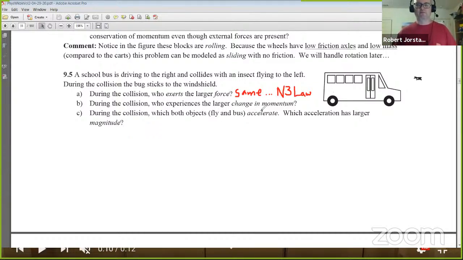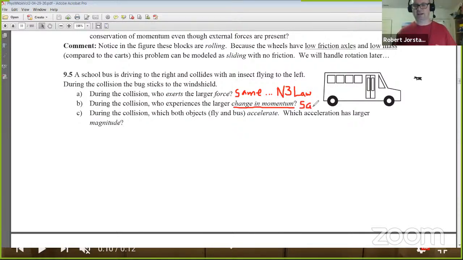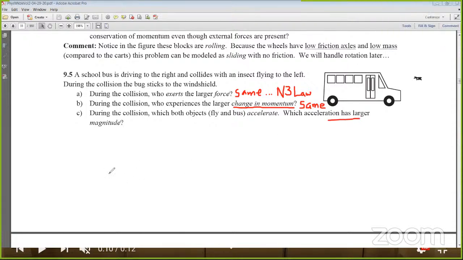Good. All right. Which one, however, experiences the larger change in momentum? Momentum is the same as force. Exactly. So it's also the same. I keep trying to trick you and I can't. I have failed, which is good. So which one has more acceleration? The bug. That's right. So let's run this through in pictures.